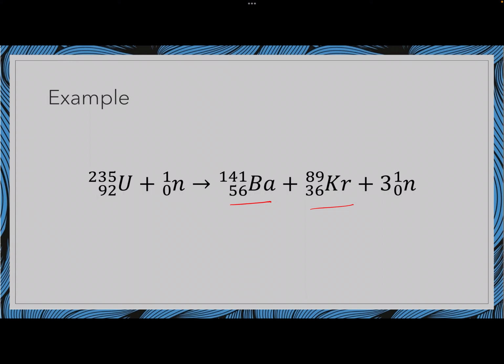If we have a look at the masses, 235 plus 1 adds up to 236. 92 plus 0 is just 92. If we have a look at the atomic numbers of our two elements that are formed, 56 and 36, add them together, we get 92. 141 plus 89, what does that give us?